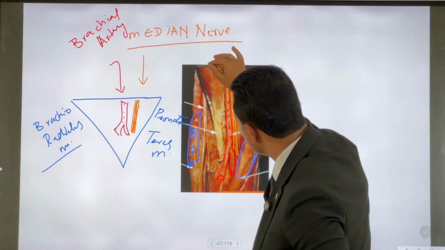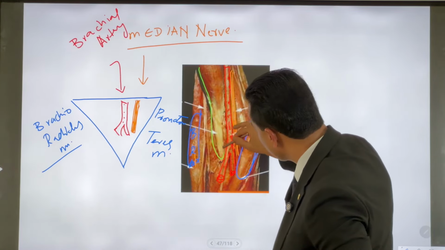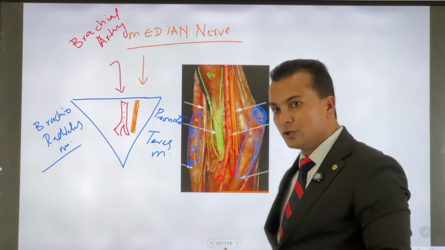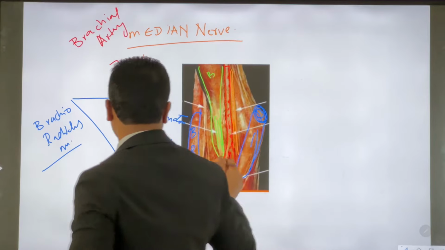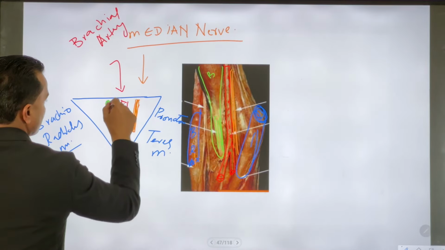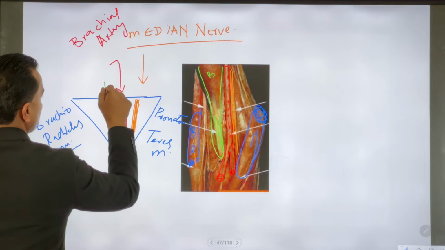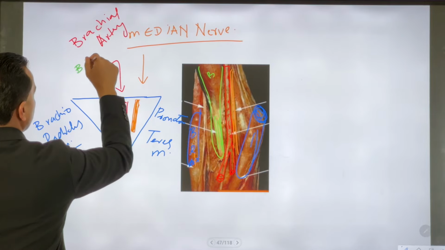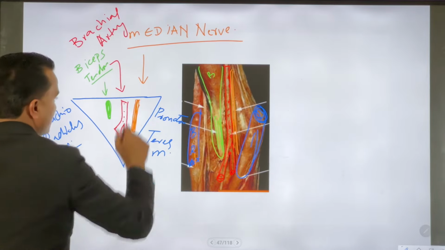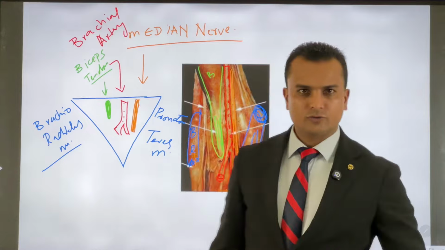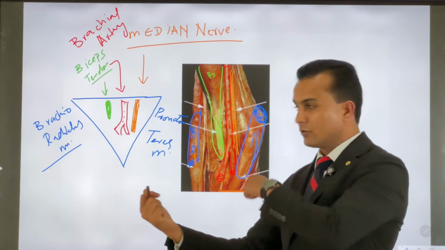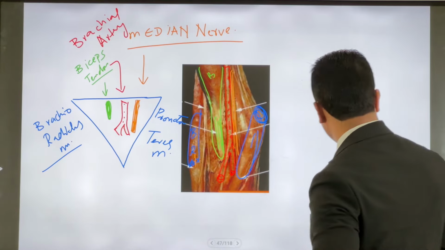This is the tendon of the biceps muscle. This biceps tendon is attached to the head of the radius bone. When you flex your elbow joint, you lift the entire forearm, and this is because of the tendon of the biceps.